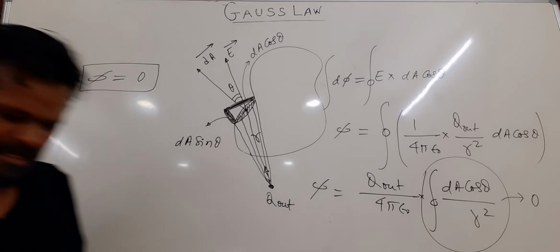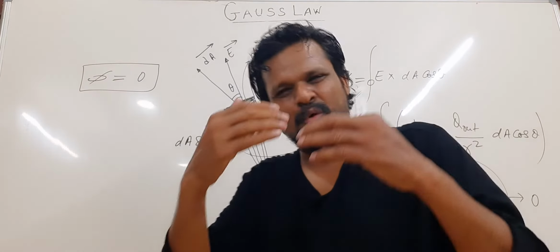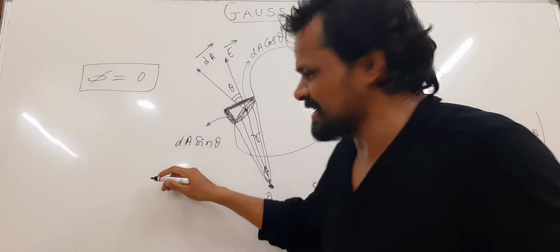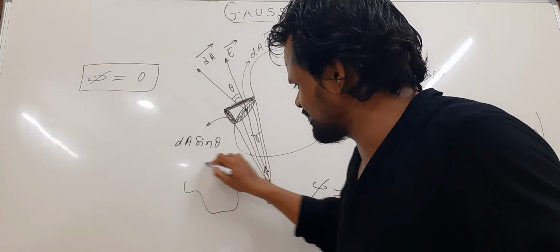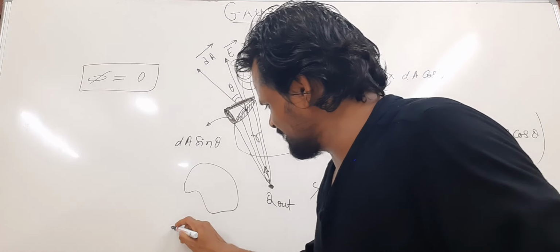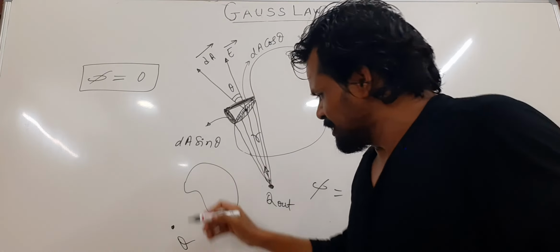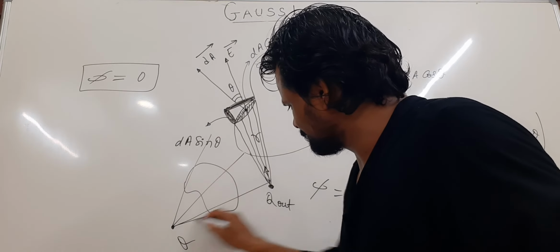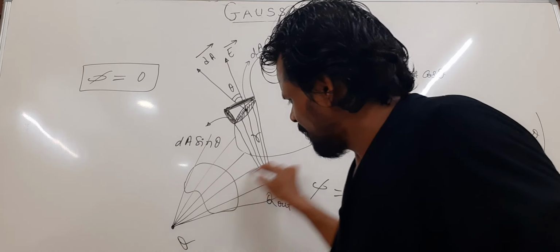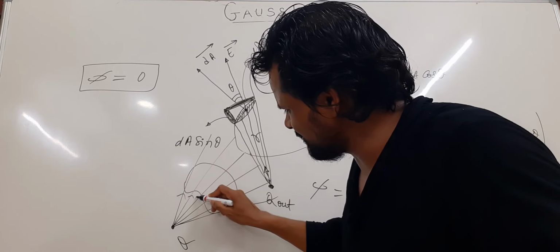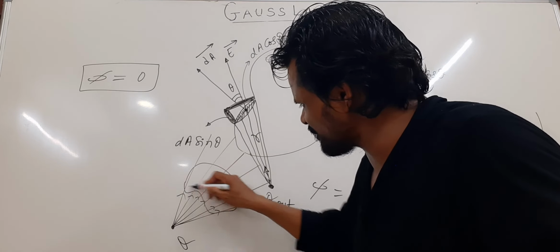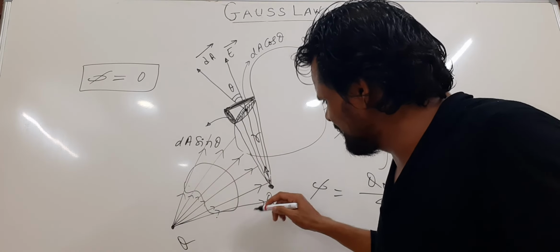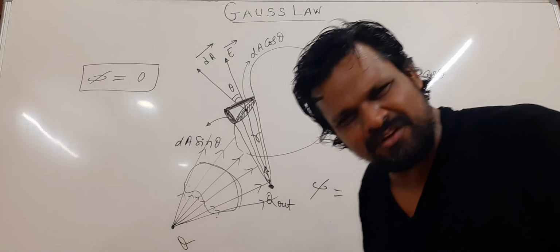Please see, bachcho, qualitatively, this is a closed surface, and here you keep a charge outside. So please see by this example, whatever lines entered into the closed surface, the same number of lines leave the same closed surface.